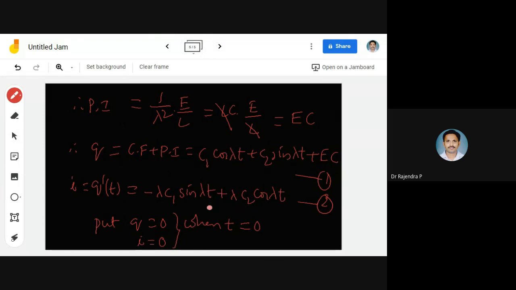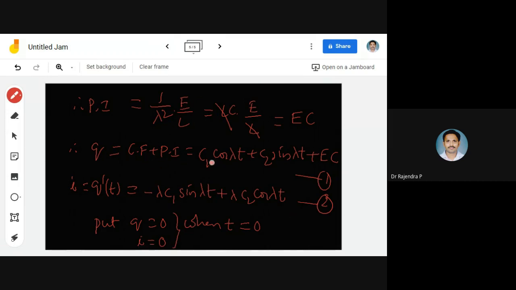Before going there, you can easily tell what values we are going to get. When time T equal to 0, what is going to happen in the first equation? C1 plus EC, which is equal to 0. C1 is equal to minus EC. Correct?